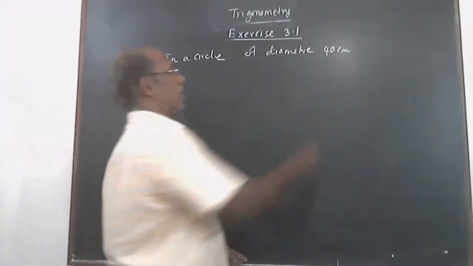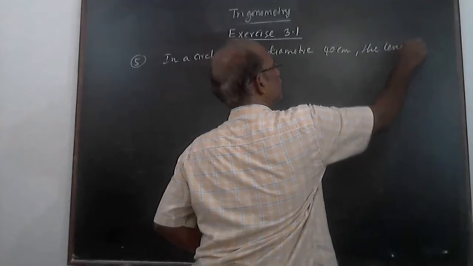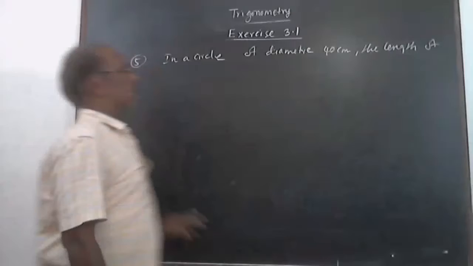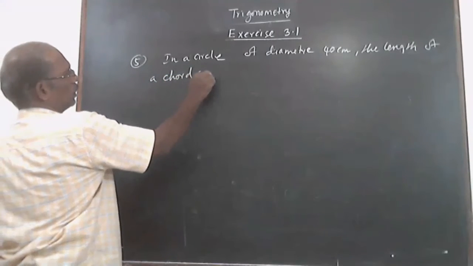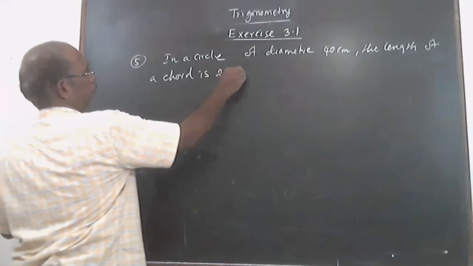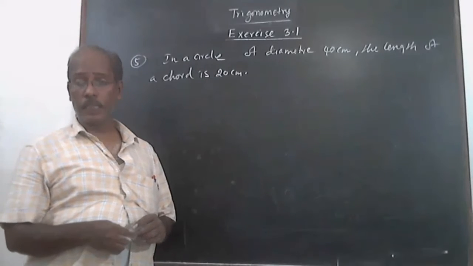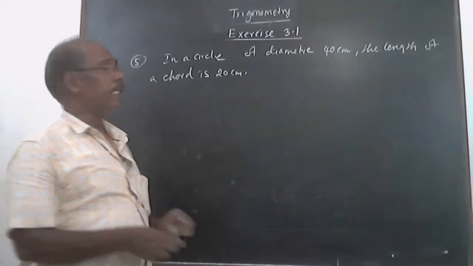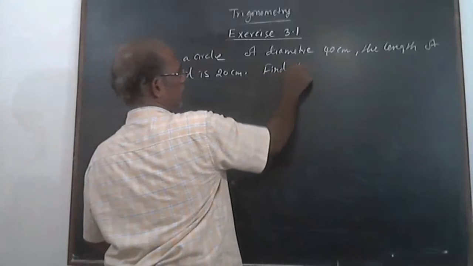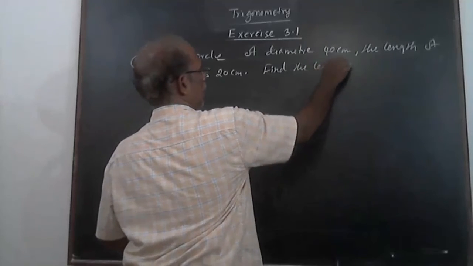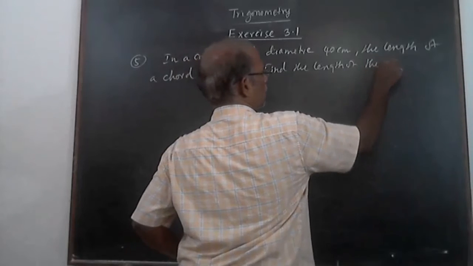The length of a chord is 20 centimeter. Find the length of the minor arc.